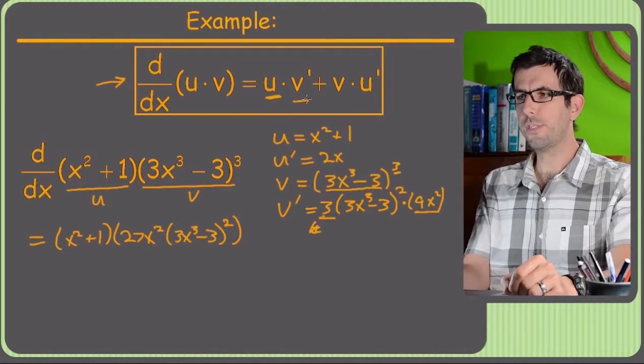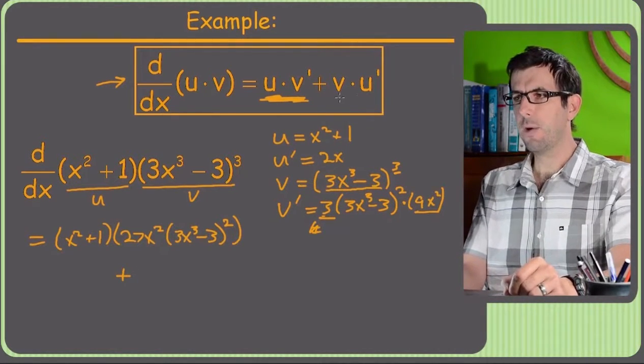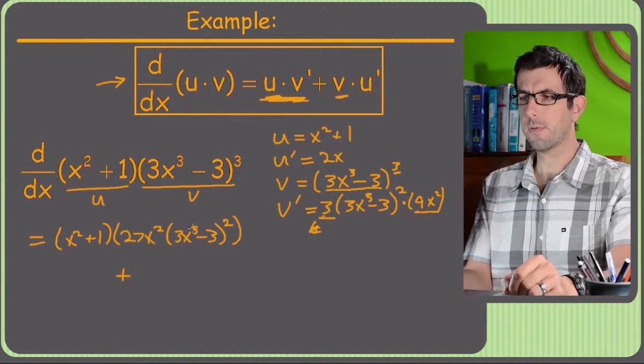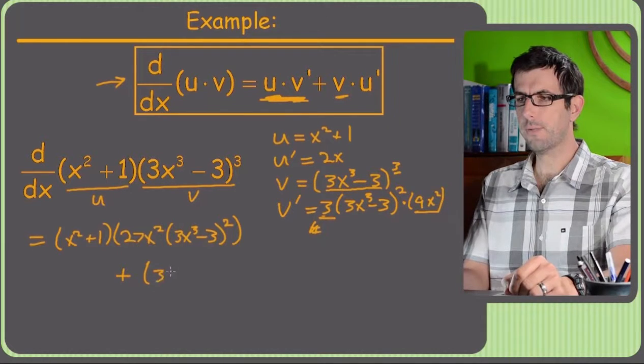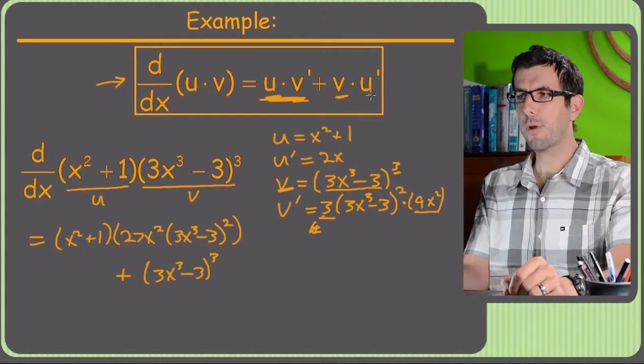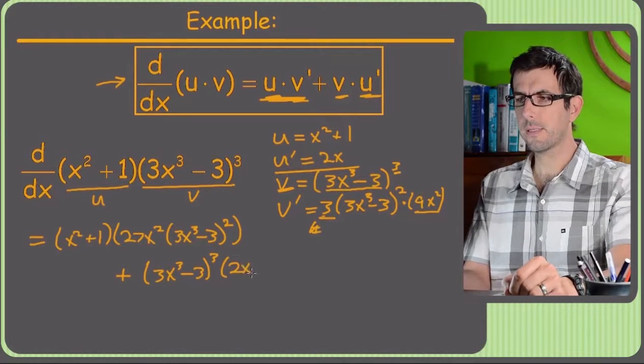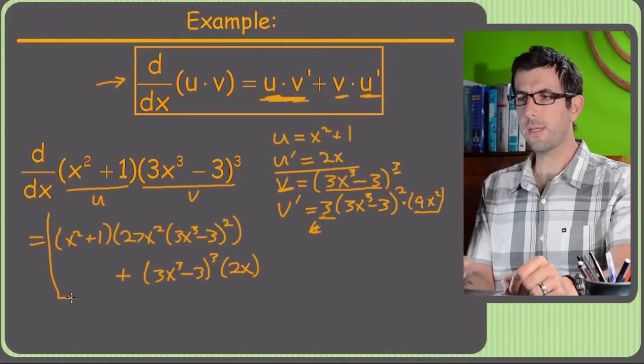All right, so all that is just the first 2 terms. So now I got to put a plus sign. Now we need v, which is the original mess, 3x cubed minus 3 cubed. I just got that from right here. Now I need my u prime, which I just calculated a minute ago, 2x. All right, so here is our answer.